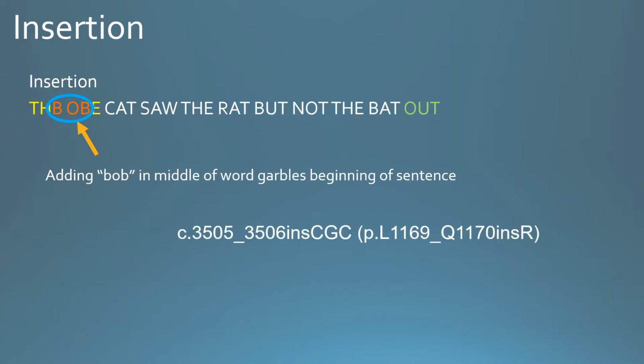Okay, so an example of that, in this case, we are inserting three additional DNA letters, which means usually that you just put in one extra amino acid that's not supposed to be there, or sometimes you change one amino acid to two different ones that aren't really what they're supposed to be.